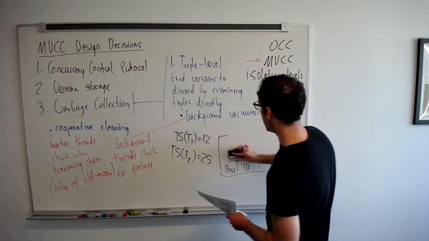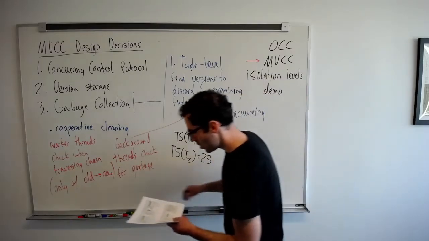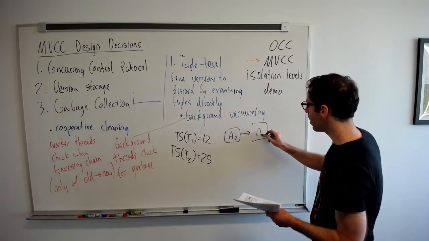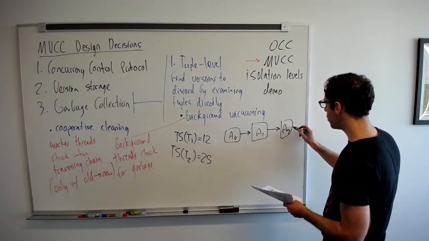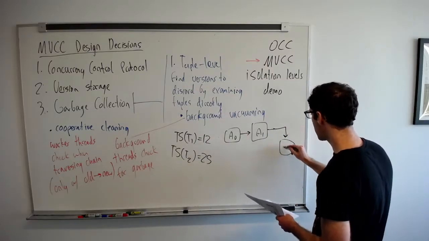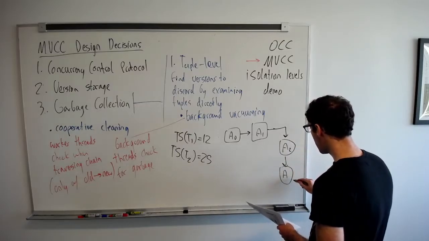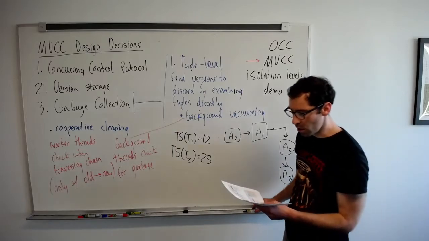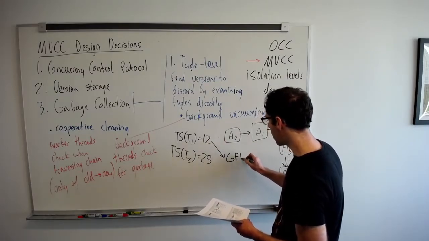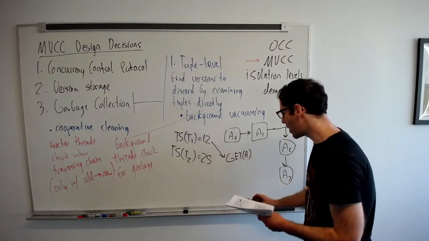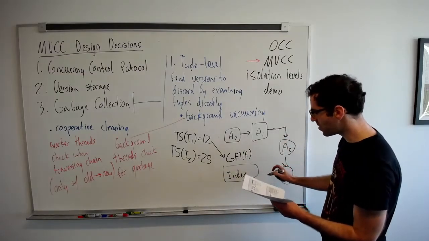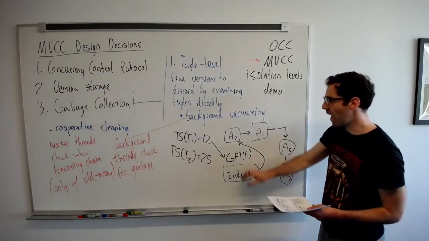To give a visual example, we have our version chain of A0, A1, A2, A3, and our thread T1, let's say that it wants to retrieve A, which it does by going to some index, and this index, remember, refers to the head of our chain.